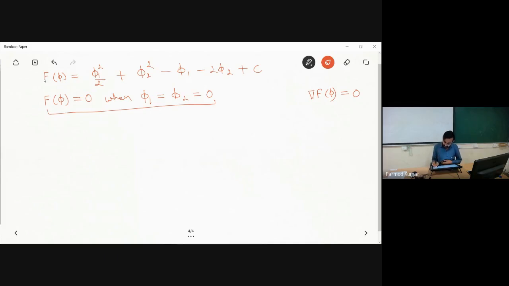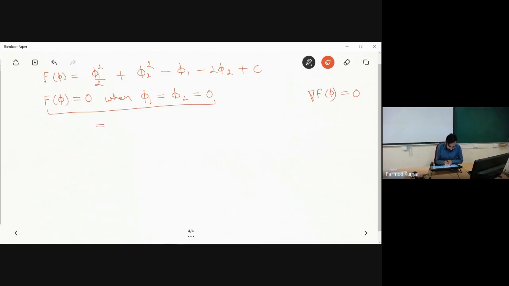While minimizing the function, we will be considering gradient of f equal to 0. Once we consider the gradient of f, whatever constant we have finally becomes 0. But to understand the physical behavior of this method, I have taken the condition that f of phi is equal to 0 when phi 1 and phi 2 are 0.